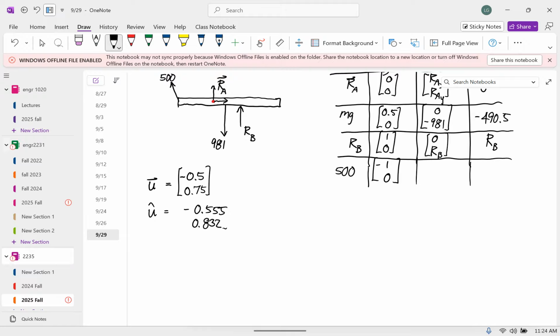And so the force vector is 500 times negative 0.555, positive 0.832, and so that is negative 277.35, positive 416.025.